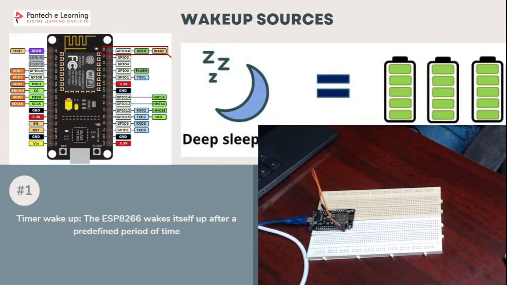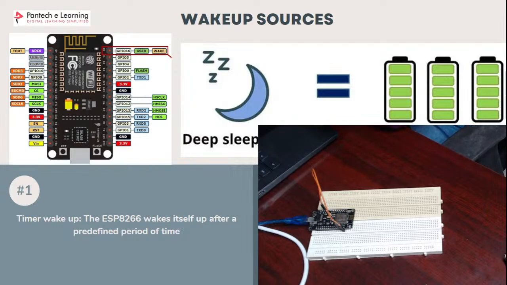You just need to put the ESP8266 in deep sleep mode for an indefinite period of time, and then set the reset. So to wake it up, just give it a try. Try to write the code for that using one external source, like a button or a reed switch. Using that we can wake it up with the external source.